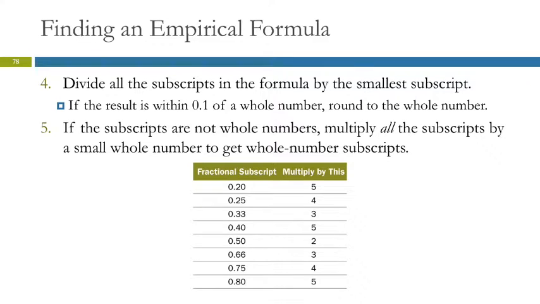If you recognize decimal equivalents of fractions, you'll see that 0.2 is 1/5, 0.25 is a fourth, this is a third, this is a fifth, well, it's 2/5, etc. If you don't recognize those, there's a very simple trial and error method. Try multiplying by 2. If that doesn't work, go back and multiply by 3, then by 4, then by 5. You almost never have to get that far.